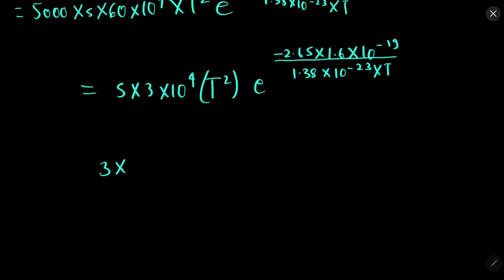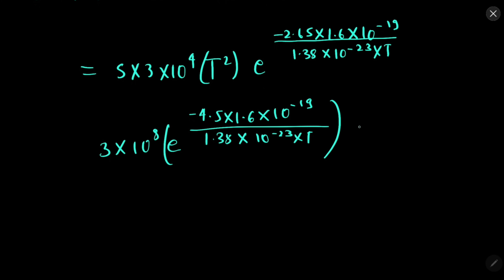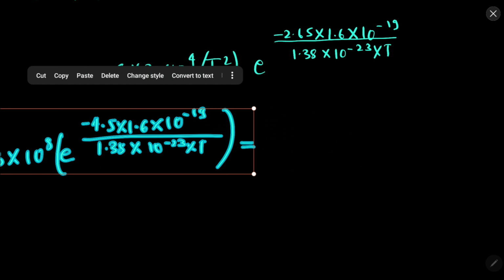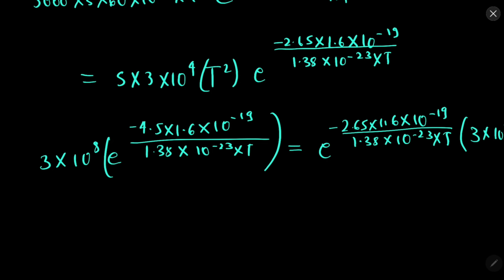So this 3 into 10 to the power 8 e to the power minus 4.5 into 1.6 into 10 to the power minus 19 over 1.38 into 10 to the power minus 23 into T equal to e to the power minus 2.65 into 1.6 into 10 to the power minus 19 over 1.38 into 10 to the power minus 23 into T into 3 into 10 to the power 4.